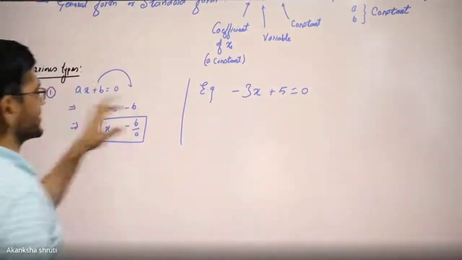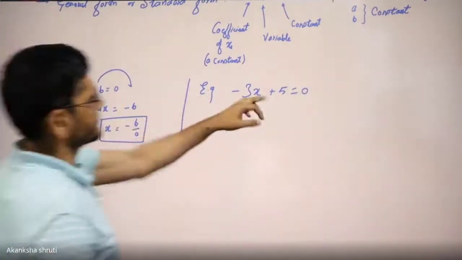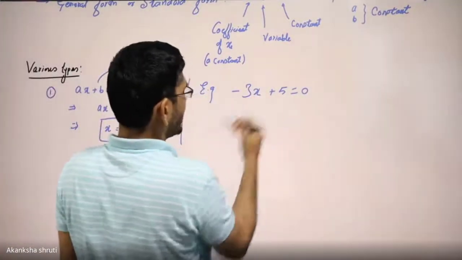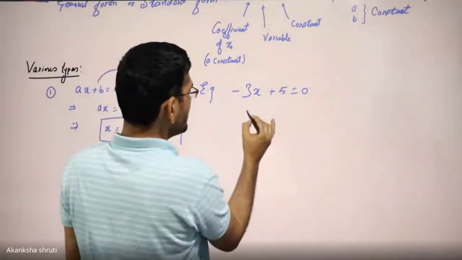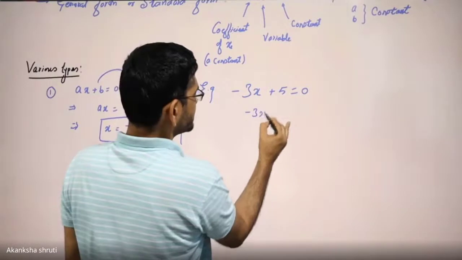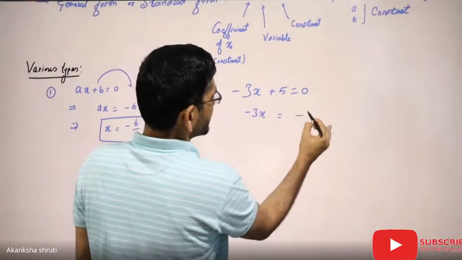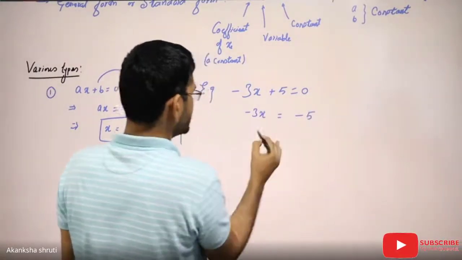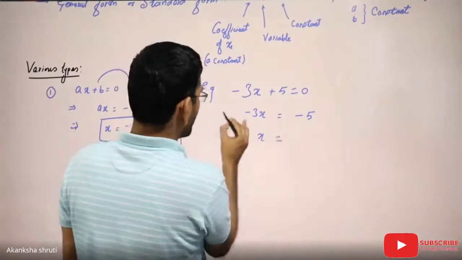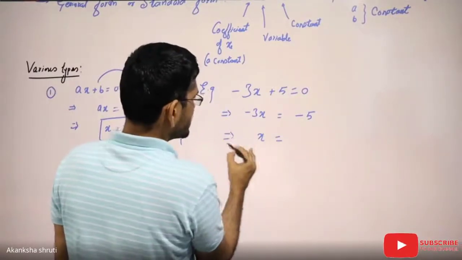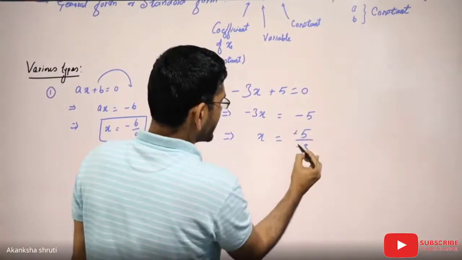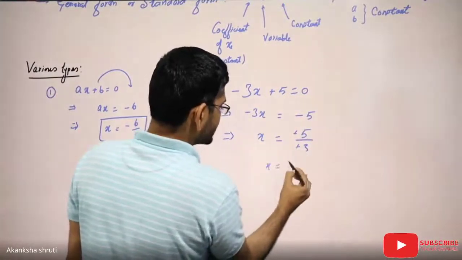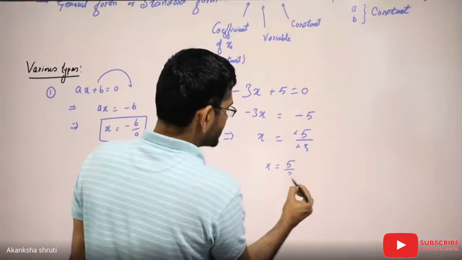Here a is -3, b is 5. To find the solution, meaning the value of x, keep the variable on one side and send the constant to the other side. So now divide -5 by minus 3, the negative signs cancel, and x is 5/3.